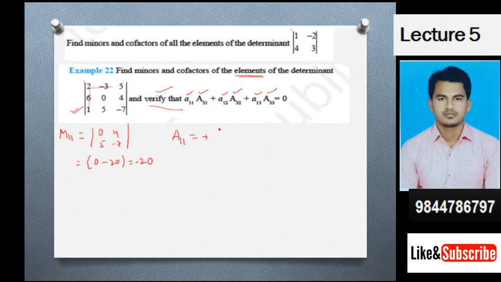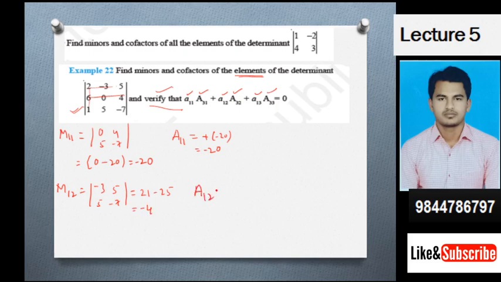Need not worry. The cofactor of A11 is minus 20. M12, eliminating first row with second column, is the determinant of minus 3, 5, 5, minus 7, which is minus into minus plus, 21 minus 25, equal to minus 4.